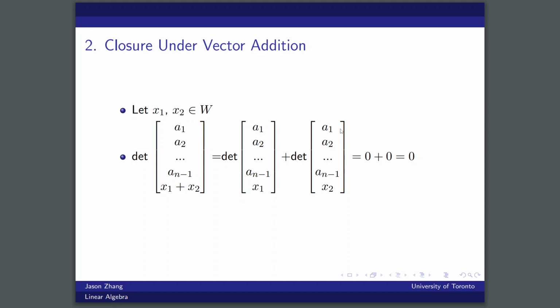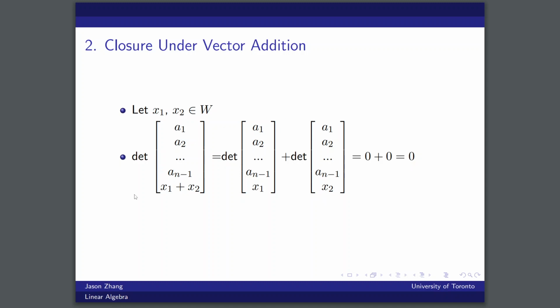The way in which we do this is we use this property of the determinant, where if we have the sum of two vectors in one of the rows, we can simply split the determinant into two other determinants, where the determinant of this matrix is equal to the determinant of this matrix, where the last row is simply x1, added to the determinant of this other matrix where the last row is just x2. And we keep all the other rows the same.